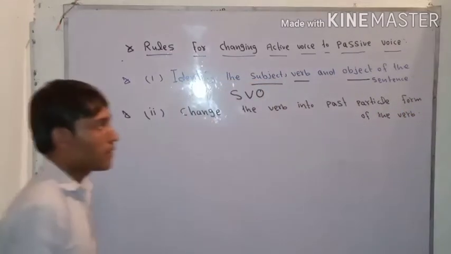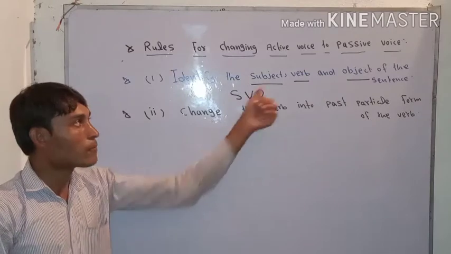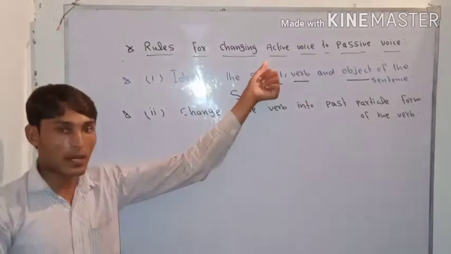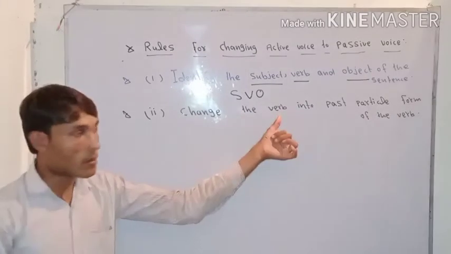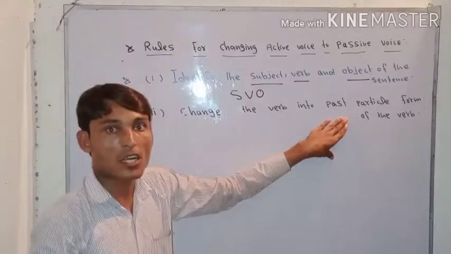It's simply called that if we have a verb in active voice, we should change that verb into past participle, which means the third form of verb.